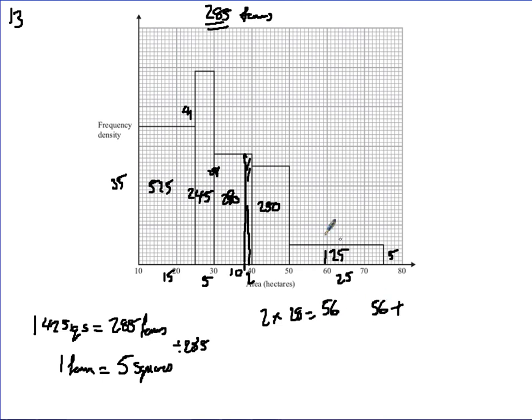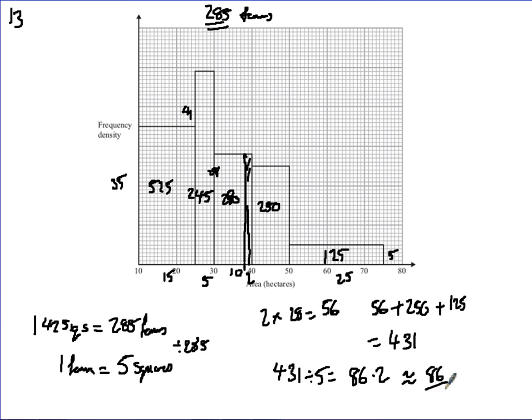And I'm going to have 56 squares, plus 250 squares, plus 125 squares, which gives us 431. So we do 431 divided by 5. That will then tell us the number of farms we've got, which is 86.2. So I would round that down to 86. You could round up to 87 if you wanted. Either answer is acceptable.